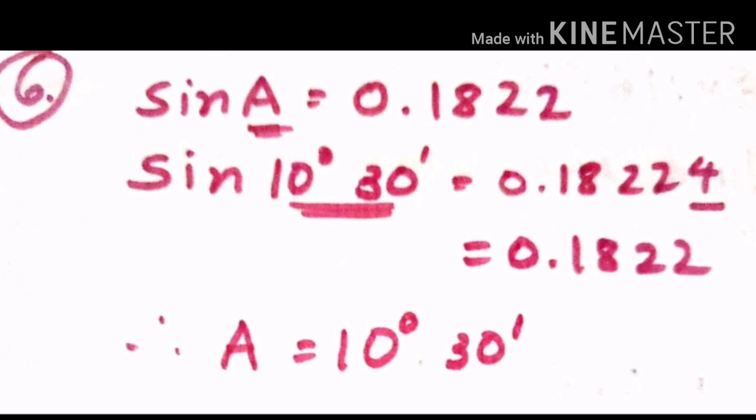So by observing, I get sine 10 degree 30 minute is equal to 0.18224, and with the 4 removed, as it is less than 5, I get 0.1822. That is the exact value of our A. So we get our angle A is equal to 10 degree 30 minute.